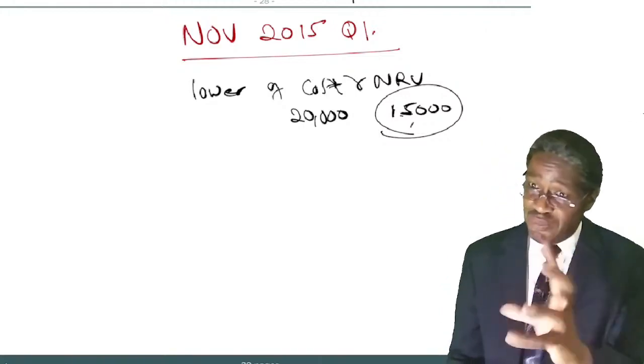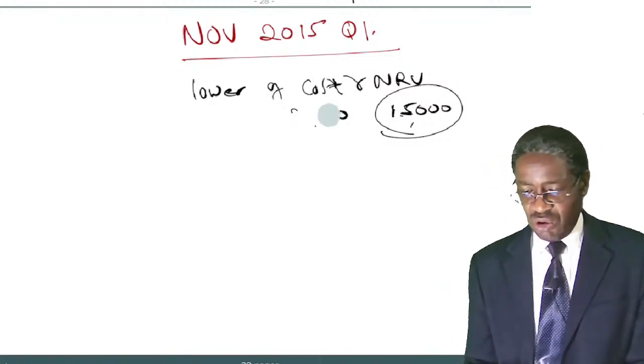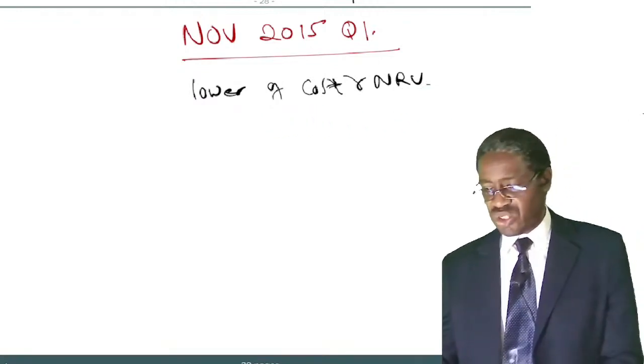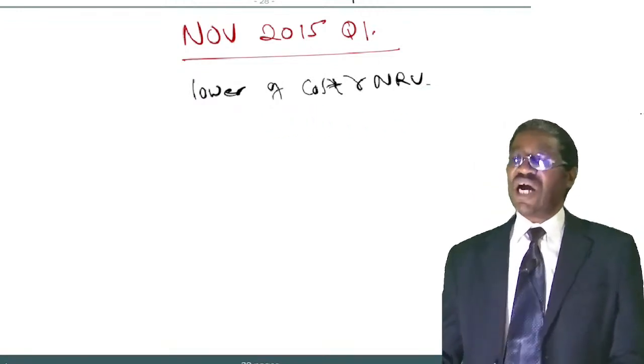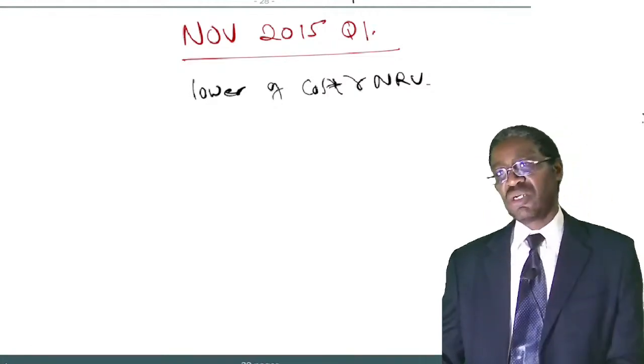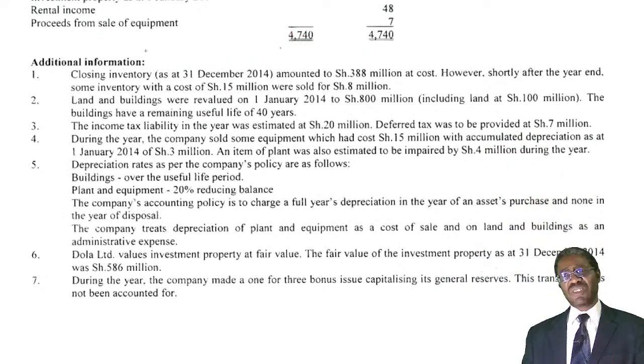Now let me take you back to the scenario of this question, having now known that our stocks should be valued at the lower of cost and net realizable value. Note number 1 said our company had a closing stock which had a cost of 388 million. However, shortly after the year end, some inventory which had a cost of 15 million was sold for 8 million.